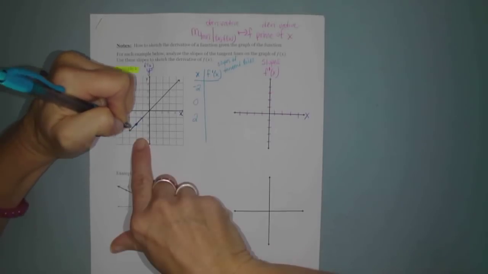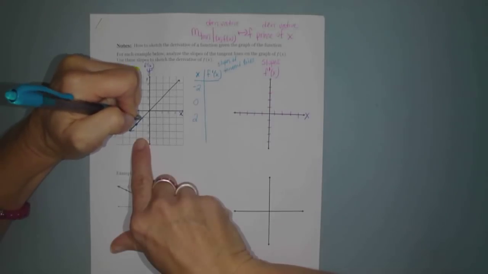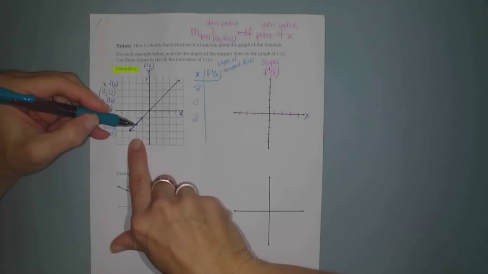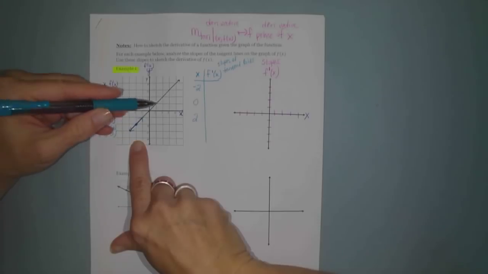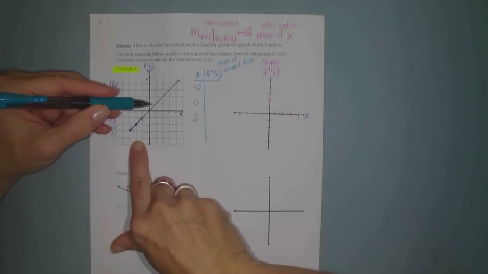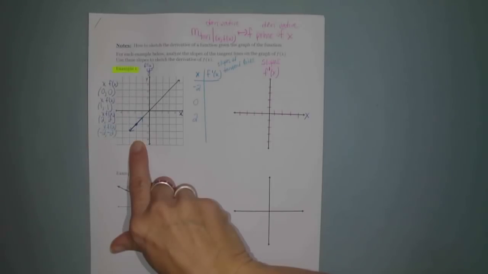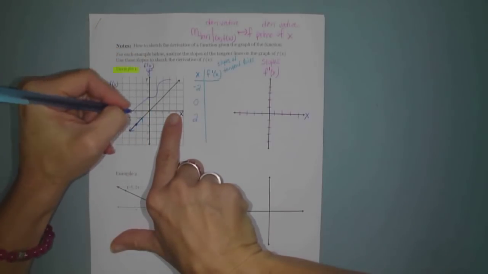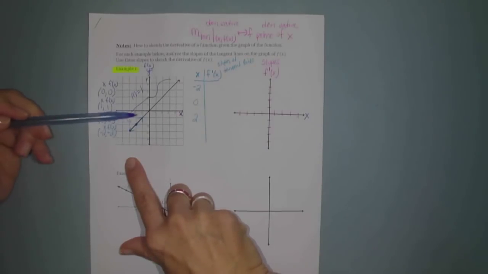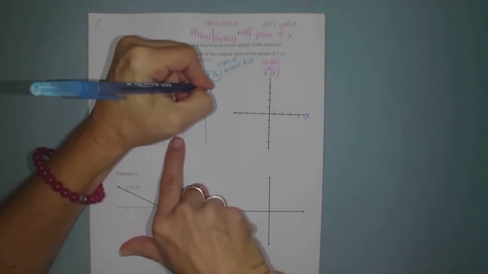Now, because it's linear, the tangent line is going to lie right on top of the original line. And the slope there, well, if we calculate the slope of this linear function, it looks like I'm going up one, right one, up one, right one. So I'm going to say that the overall slope of this entire line is m equals 1. So at -2, -2, my slope is 1.